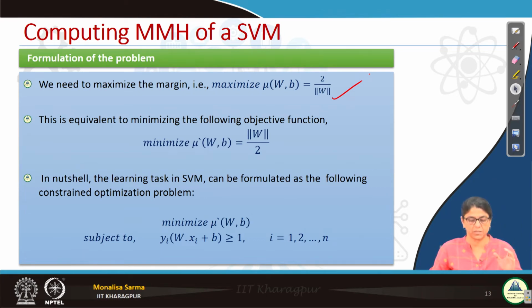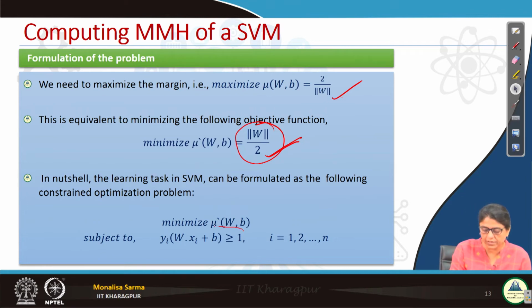If I write it the opposite way, with the numerator becoming the denominator, this is equivalent to minimizing the following. So I need to minimize this, subject to this constraint.